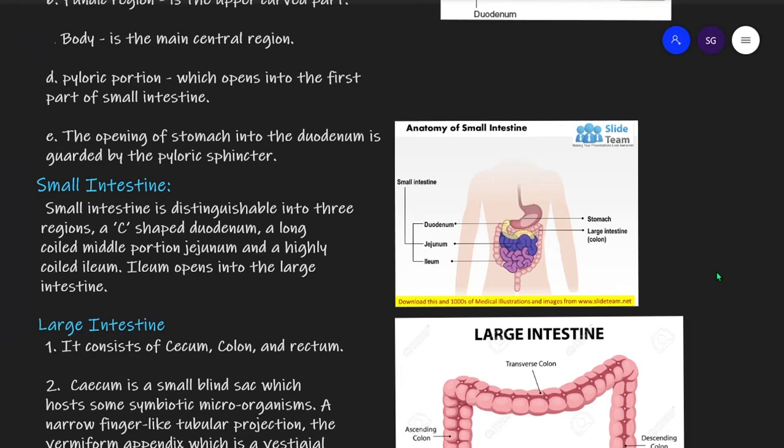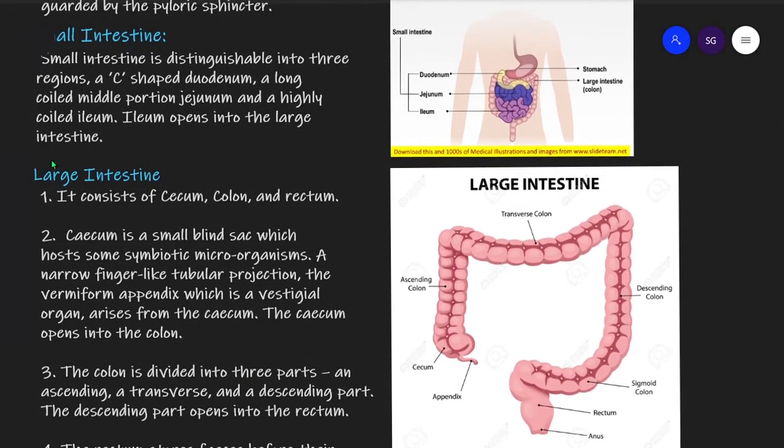Now, the ileum opens into the large intestine. And where will it open? It will open at this cecum portion of the large intestine. So the ileum will open at the cecum in the large intestine.